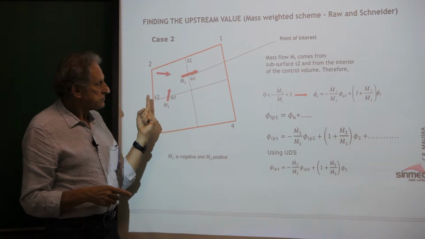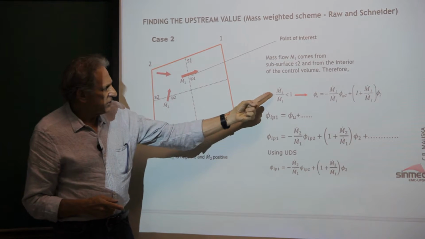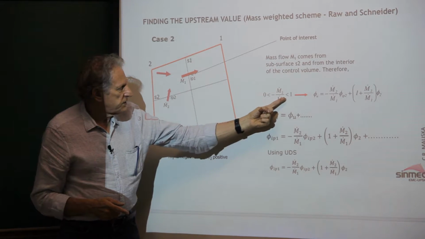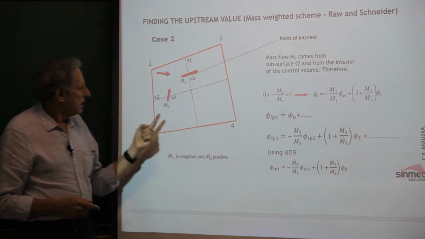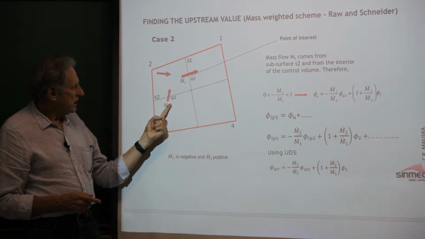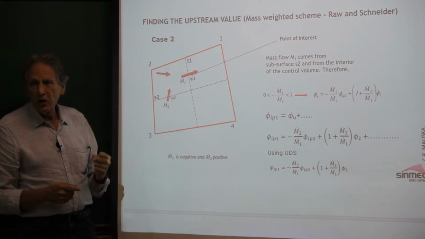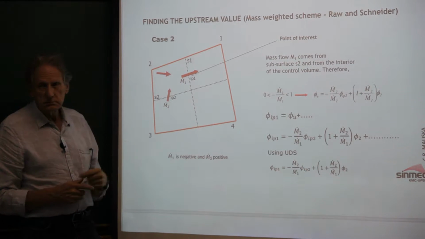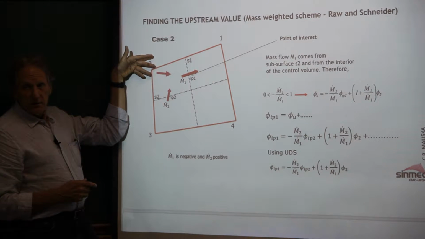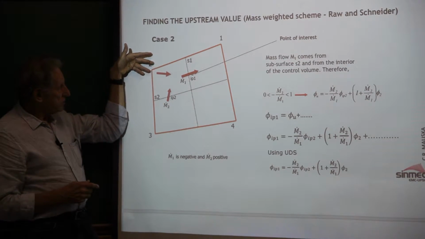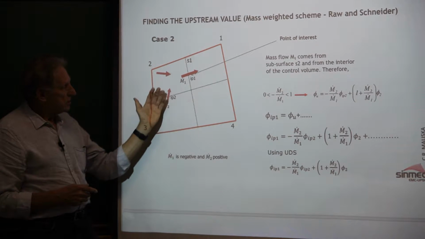And then this is one range which is between 0 and 1, because M2 is smaller than M1, of course, because M1 also gets mass from the nodal point 2.